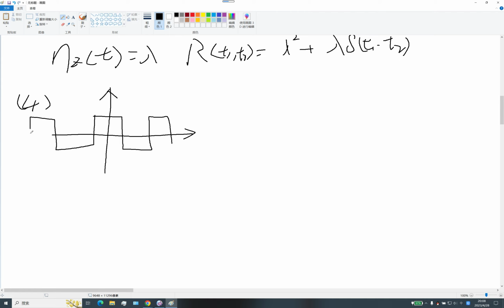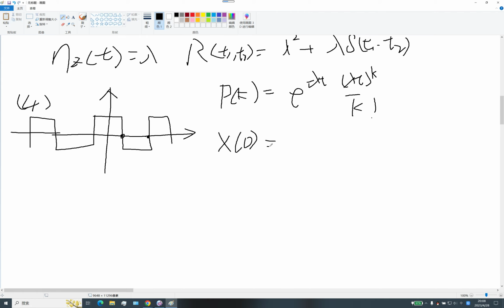K is the number of points across the axis, and the probability of k is equal to e^(-λt) (λt)^k / k!, and X(0) is equal to 1.